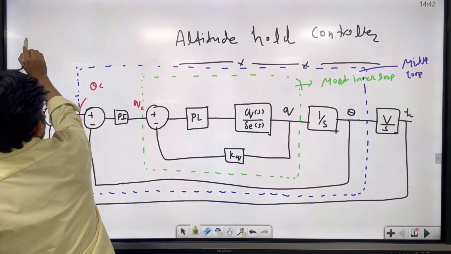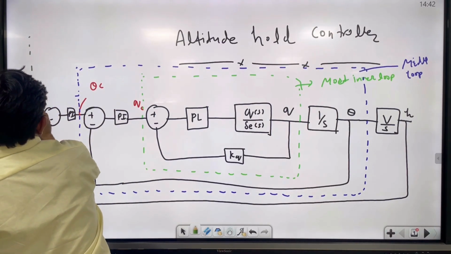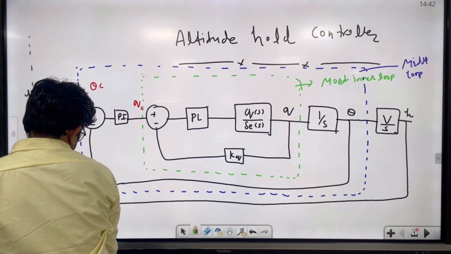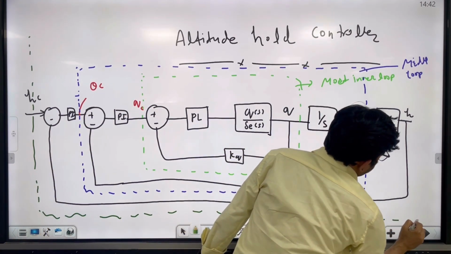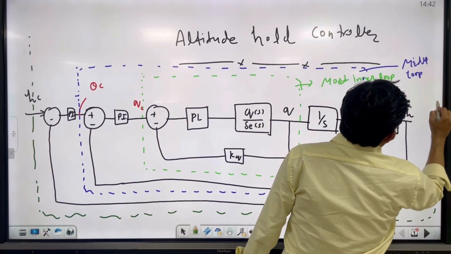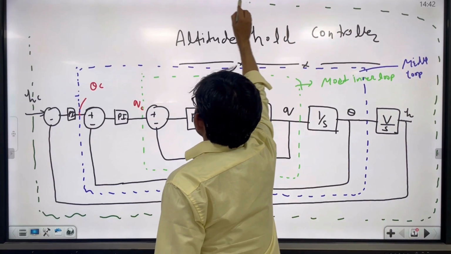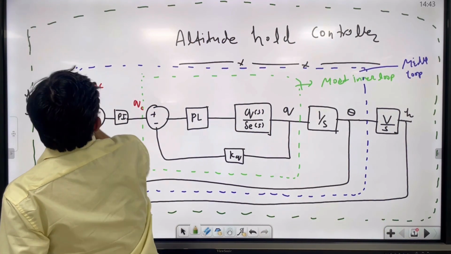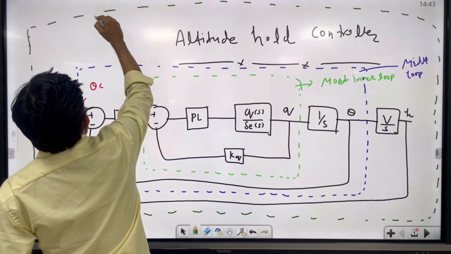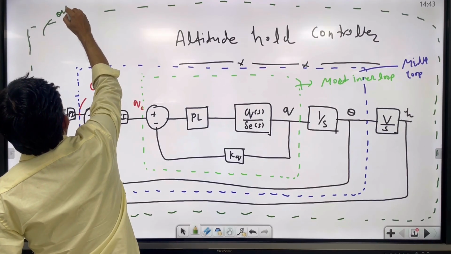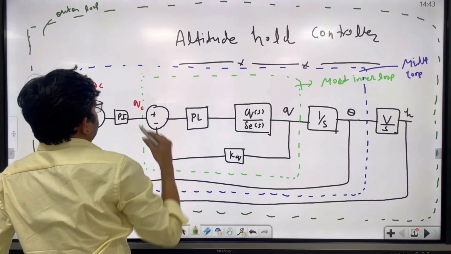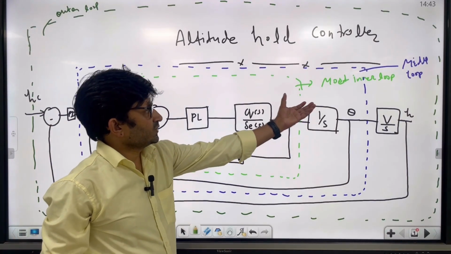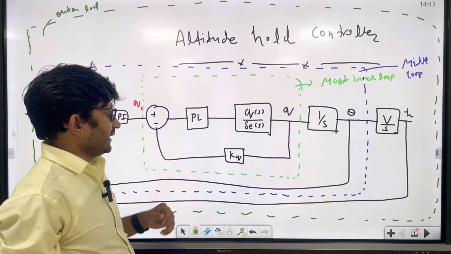This loop. This is called the outer loop. Okay. So the inner loop, middle loop, and then finally the outer loop.